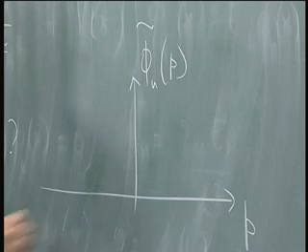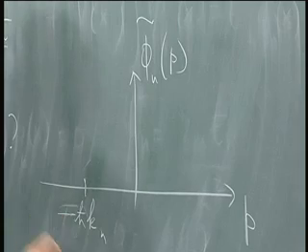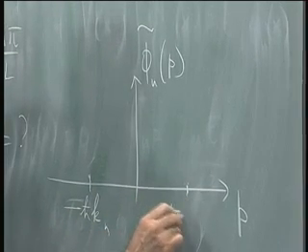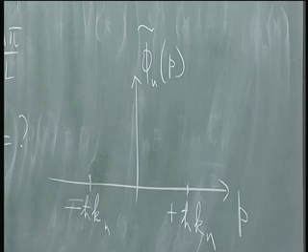So here is minus ħ k n and here is plus ħ k n, and you are told it is not a momentum eigenstate. If it were an eigenstate it would be just a delta function at that point, but it is a superposition of two eigenstates. So what does the wave function look like? It would have sharp peaks at what points? Plus or minus ħ k n.